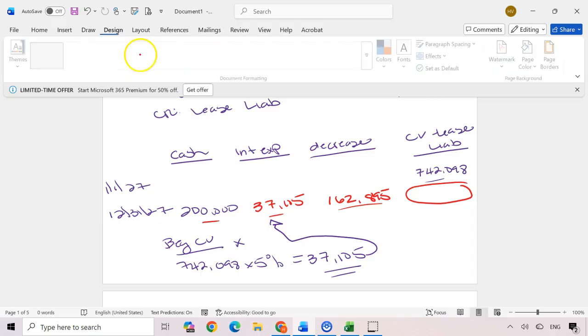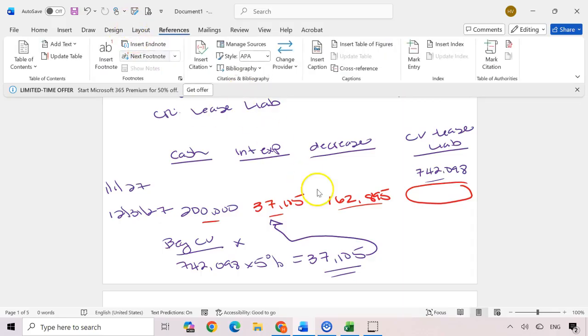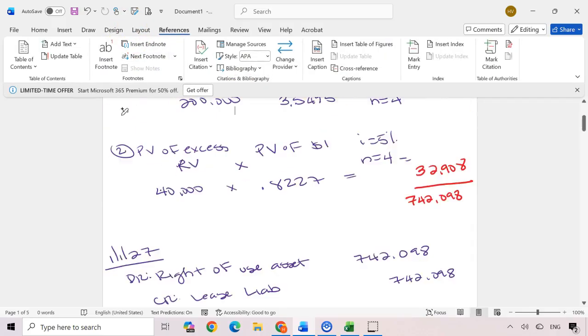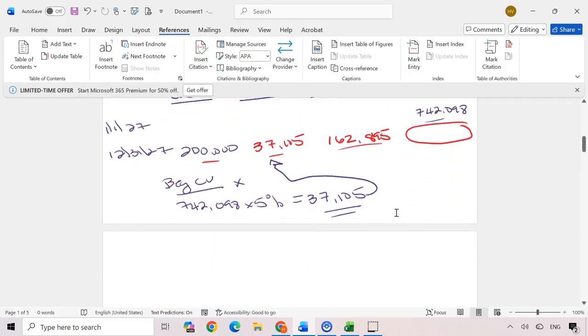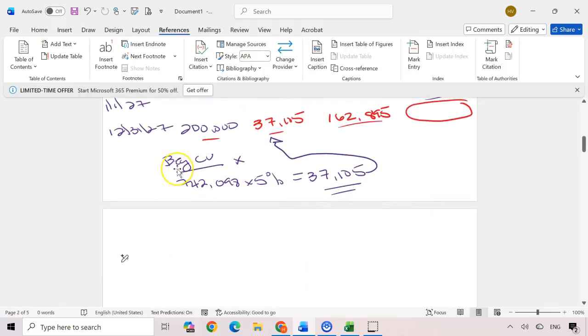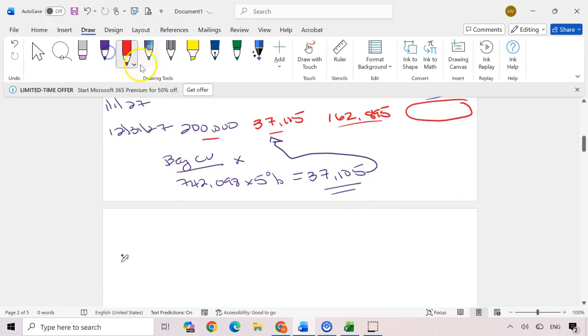And so when we're the lessee, we have two entries we're going to book every point that we make a payment. The first entry is I'm going to record this payment. So I made a cash payment, so I'm going to credit cash for the $200,000, and a portion of it is interest expense.